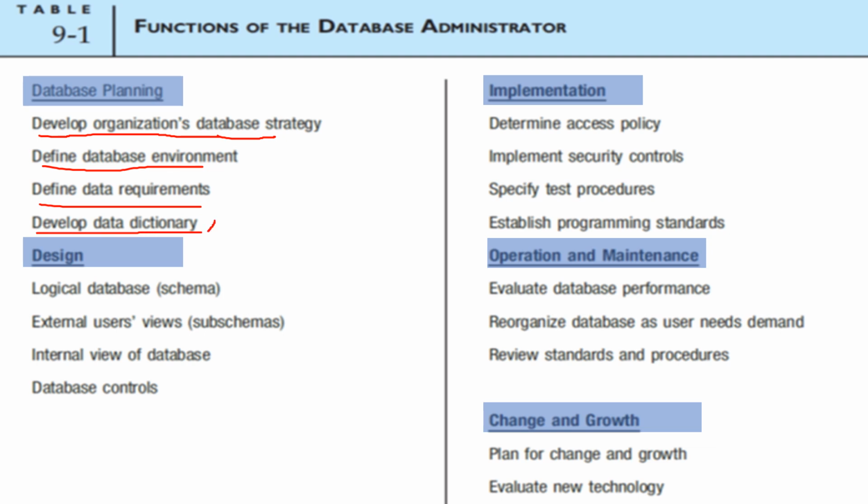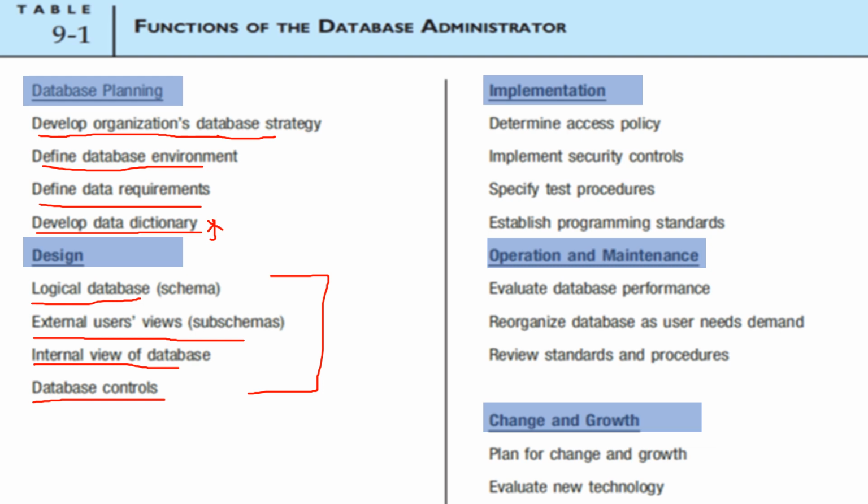So the data dictionary is in the planning stage, whereby designing is about designing the logical database schema, where we involve the accountant also, the external users' view, sub-schema, and internal view of database controls. So that is in the storing functions of the database administration, DBA. And then implementation, operations, maintenance, and changing and growth.